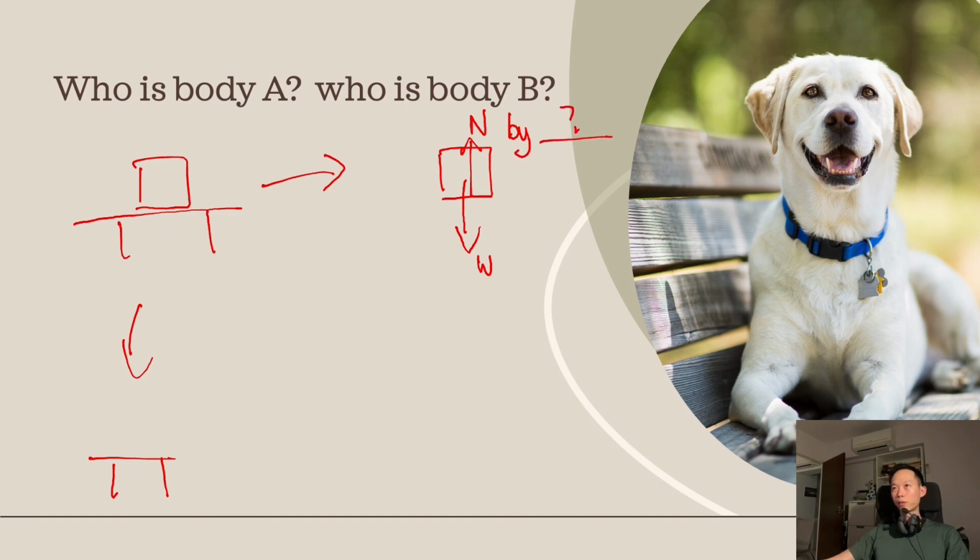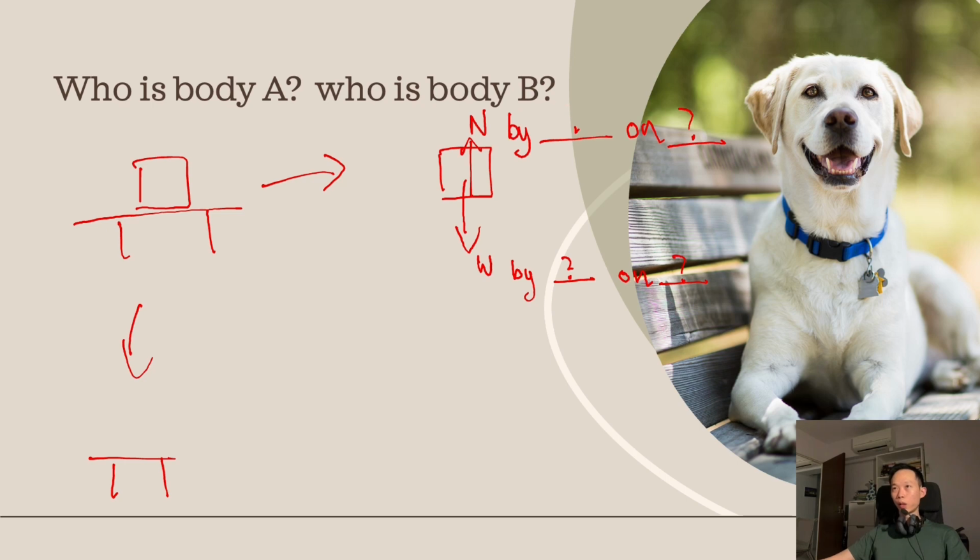And it is exerted on which body? And similarly, for the weight, you also have to specify, or at least be aware of, weight exerted by who? And then it's exerted on who, right?